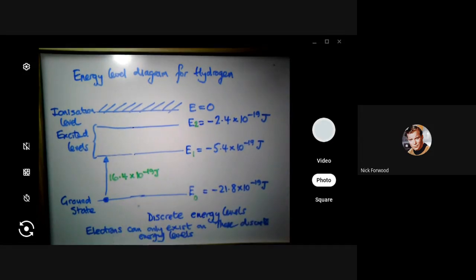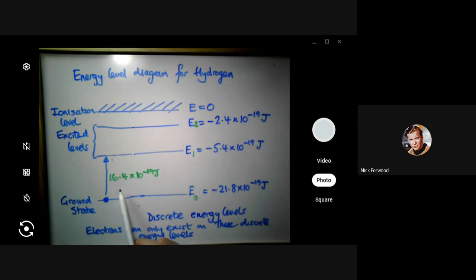What happens if I give it 16.3 times 10 to the negative 19 joules? Then it can only get to here because it's not enough energy to make the next level. And so nothing can live in this level. So it's not interested. It's like the electron says, well, there's no point in giving me 16.3. I need 16.4.